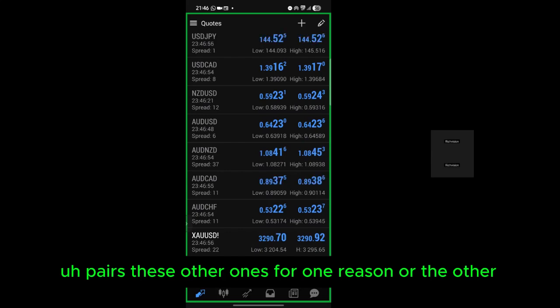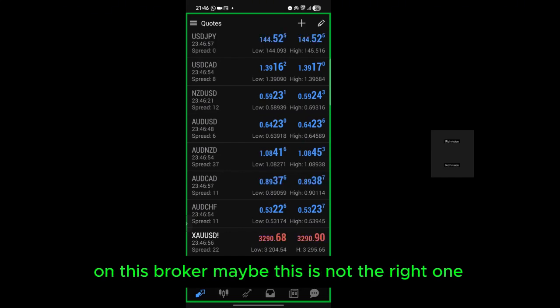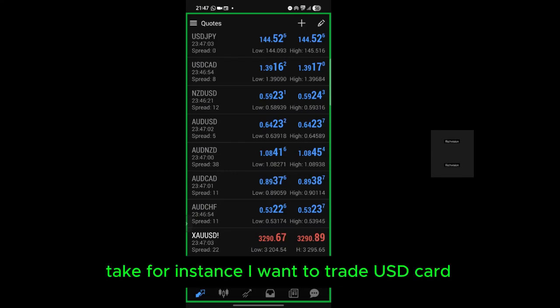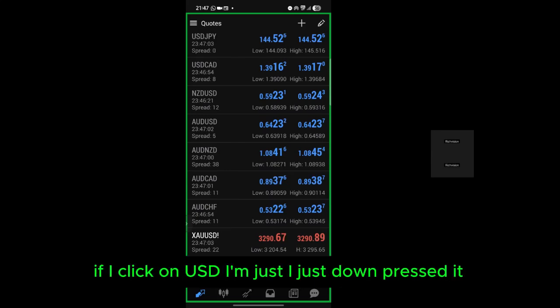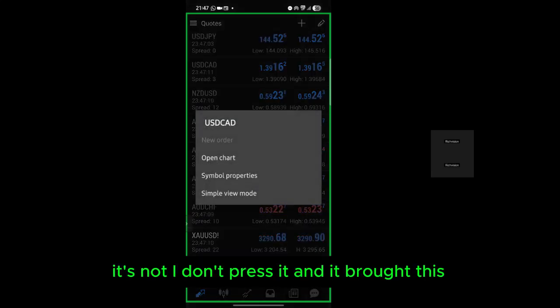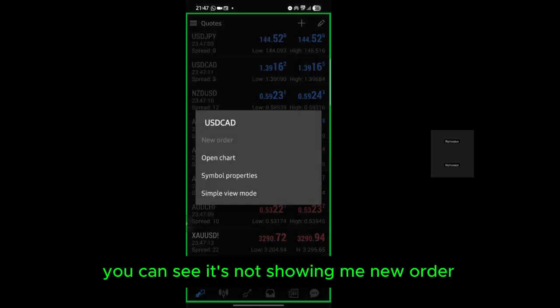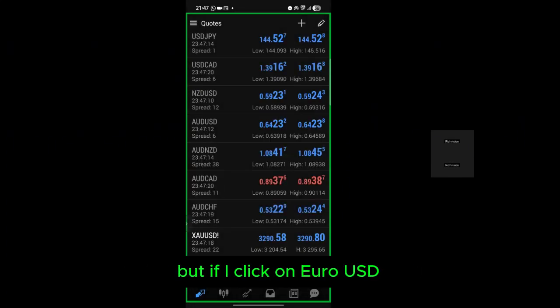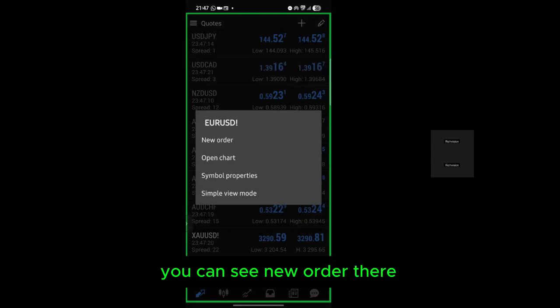These other ones, for one reason or the other, on this broker, may not be available. So if I want to trade, for instance, USD CAD, if I press down on it, it brings this up. You can see it's not showing me new order. That means I cannot trade with this. But if I click on Euro USD, you can see new order there.